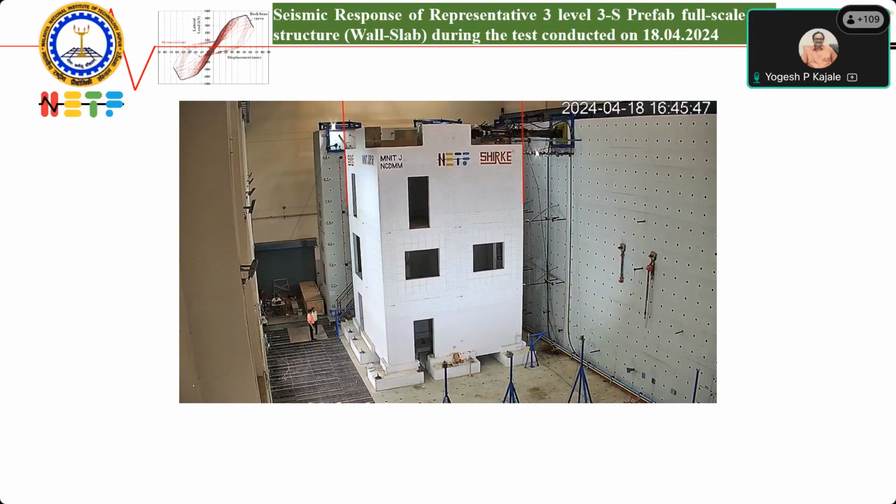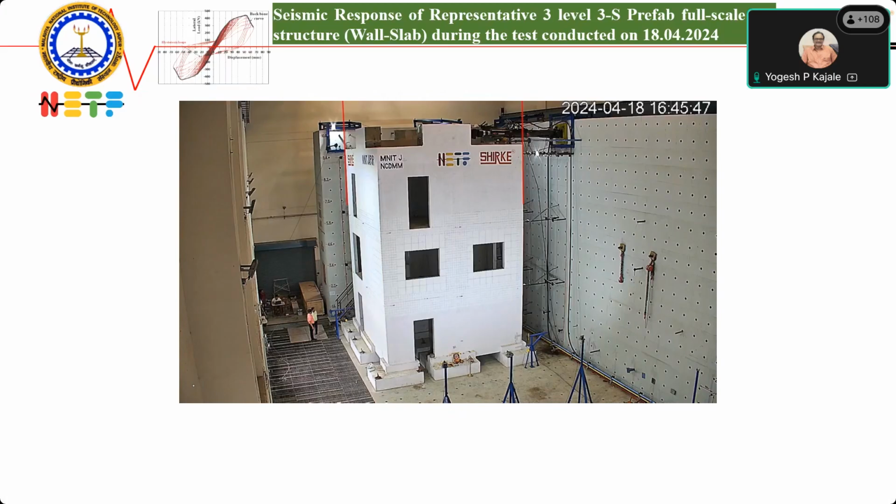The capacity of the actuator got exhausted. It was a 100 metric ton actuator installed at the topmost story, and the performance assessment was carried out on a middle story. Why the middle story? The middle story is the representative floor of that 23-story building.